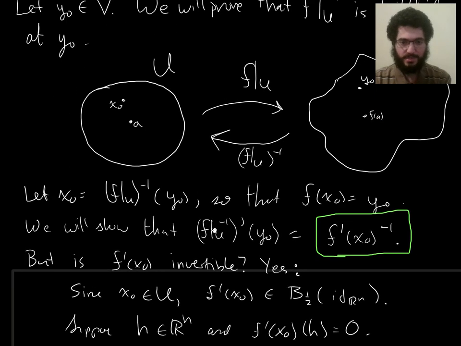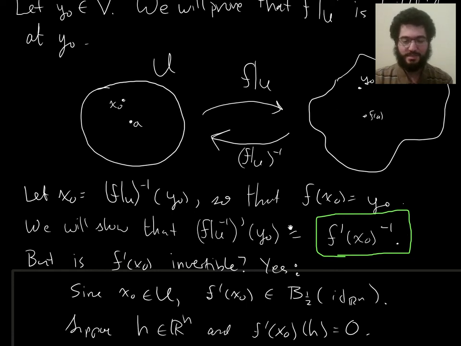it's right here. So the derivative of f restricted to U inverse, we showed, is the inverse of the derivative of f. So maybe a short way to describe this is, our guess was that the derivative of the inverse is the inverse of the derivative.